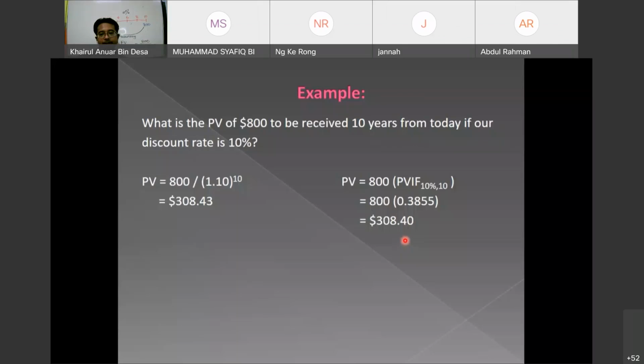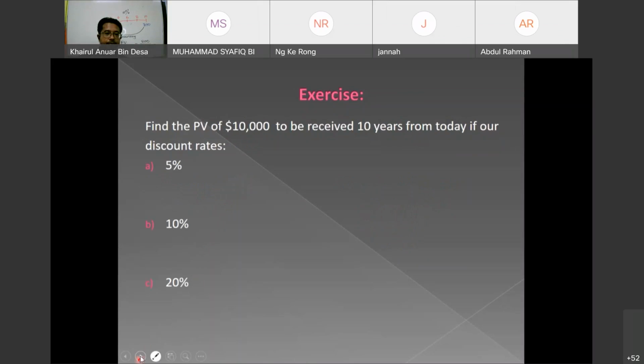Okay, 308.43. Ini yang Kirong cakap tadi, a bit different here because of the limitation of the table. Okay, now calculate this exercise for about 5 to 7 minutes, and then as usual we call your name. Boleh?